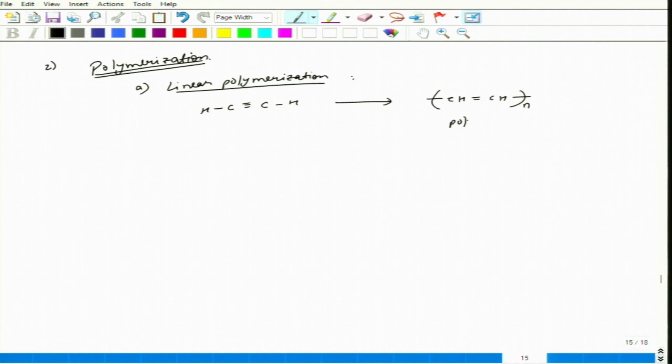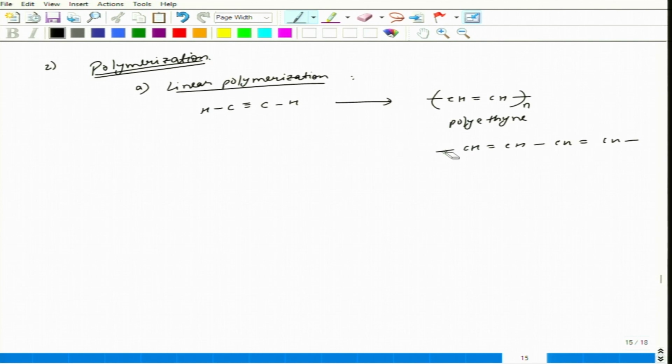It will be like CH double bond CH, CH double bond CH, connecting again to CH double bond CH. So it will continue growing on both sides.